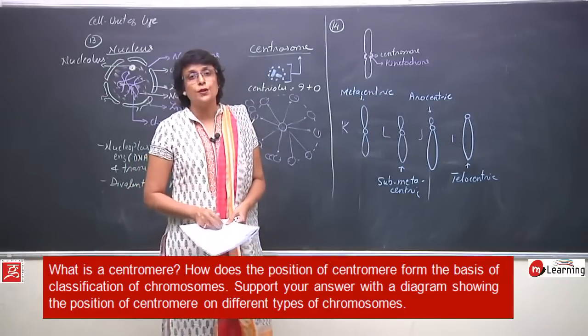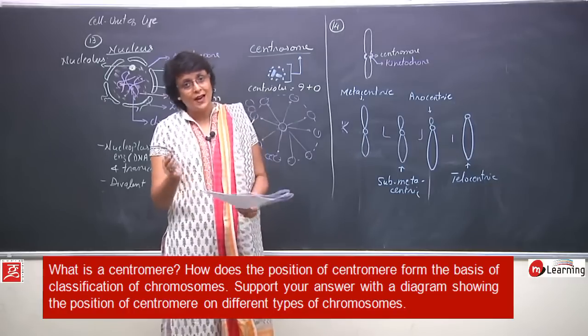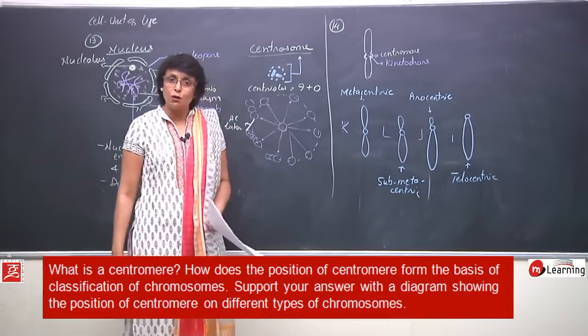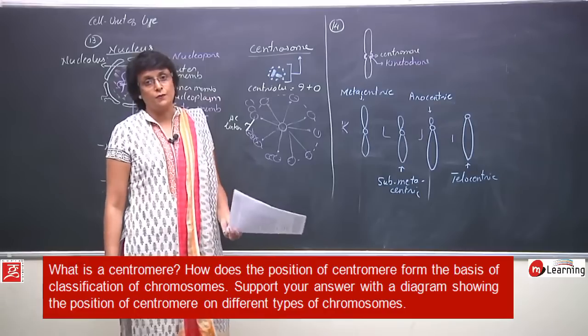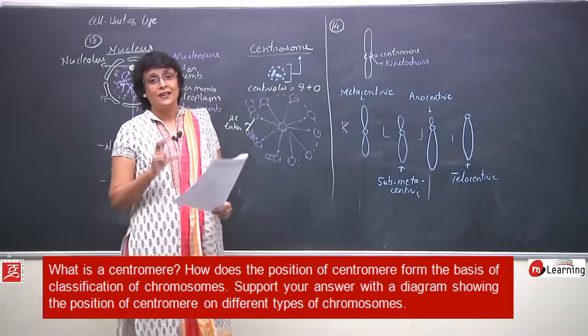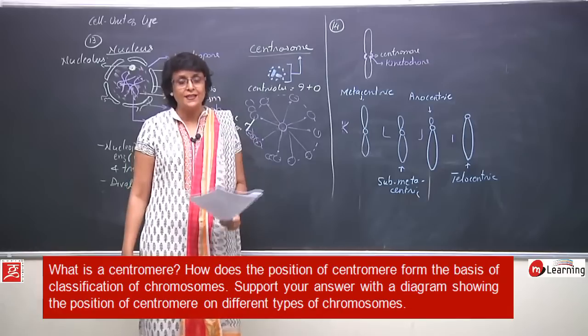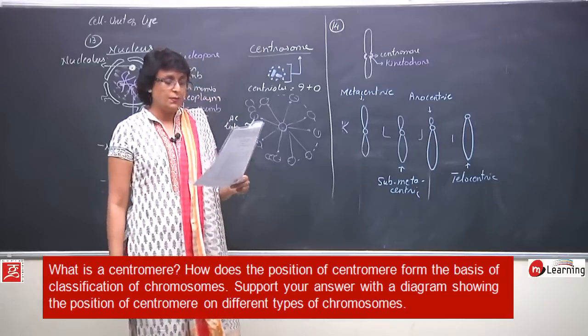Always support your answer with a diagram, because that helps the examiner understand things better. Make the diagram clear, label it properly, and go through the notes very carefully. All important points are in the notes in our lectures. Understand them, revise them, and I am sure you will be all set with this particular chapter.